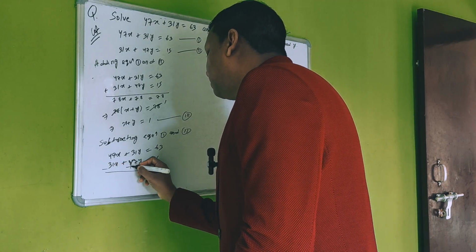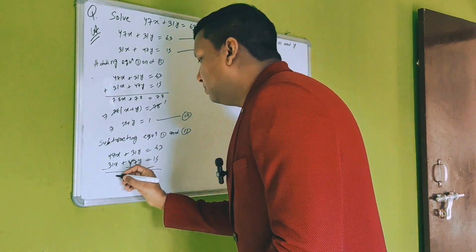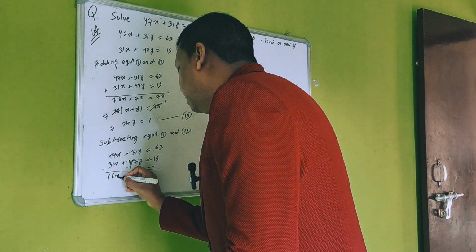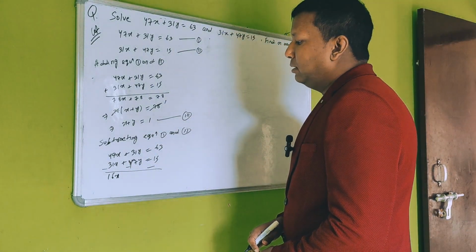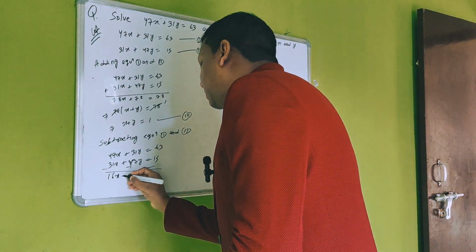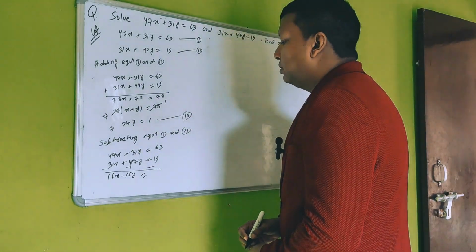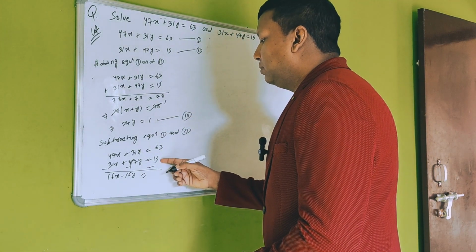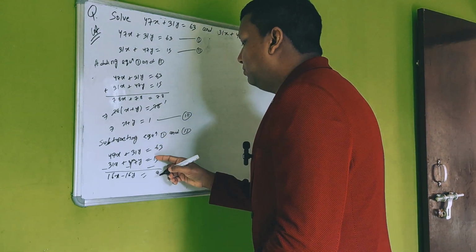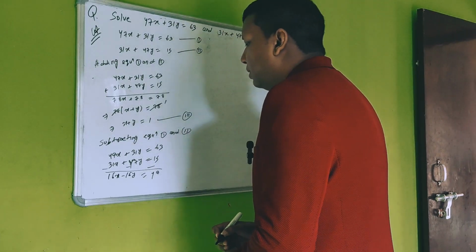So plus, minus, minus, minus. 47 minus 31 comes 16, and 31 minus 47 comes minus 16y. And 63 minus 15 comes 48.